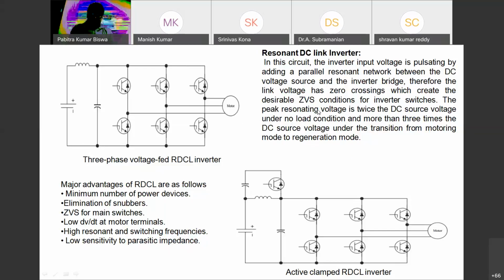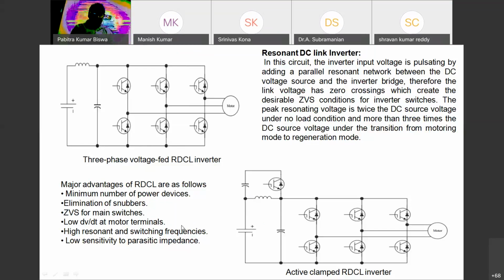Therefore, the link voltage has zero crossing, which creates the desirable ZVS condition of the inverter. This is also used for the electric vehicle, and this is also an active clamp, which means a resistance and capacitors, two capacitors used for clamping purpose.